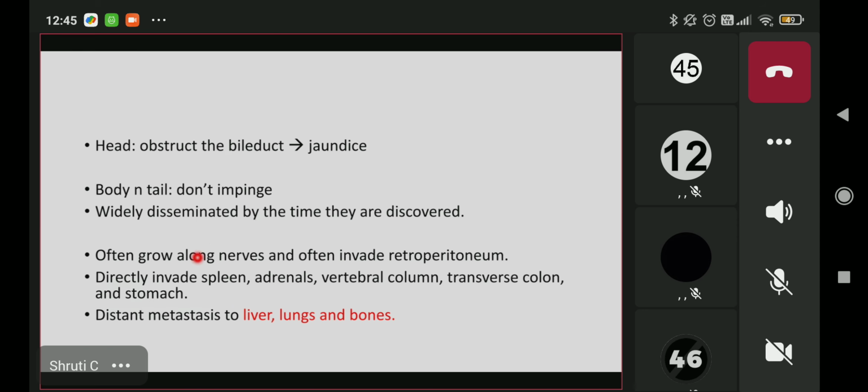This cancer is also known to grow along the nerves, and often it invades the retroperitoneum. It can directly invade adjacent organs: spleen, adrenals, vertebral column, transverse colon, and stomach. And you should remember that it also metastasizes easily to liver, lungs, bones, and even brain.